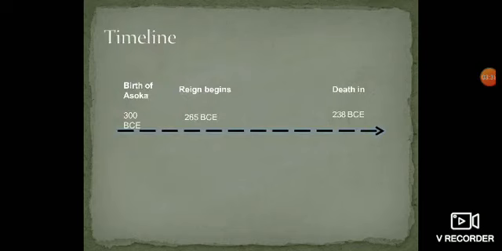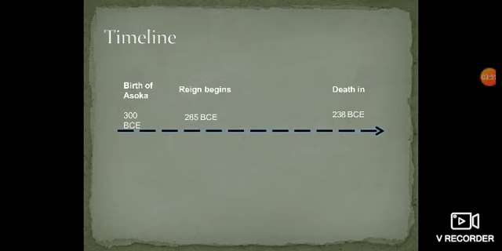Here comes the timeline of Ashoka. Ashoka was born in 300 BCE. His rule begins in the year 265 BCE and it lasted till 238 BCE. Ashoka died in the year 238 BCE. BCE is nothing but Before Common Era.